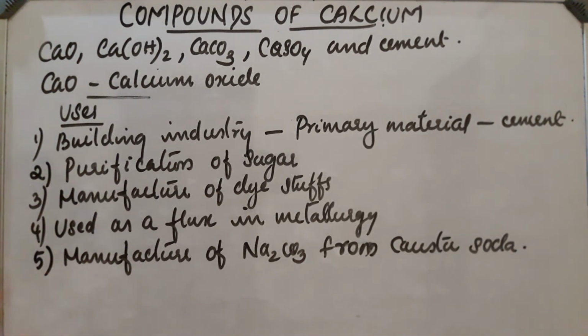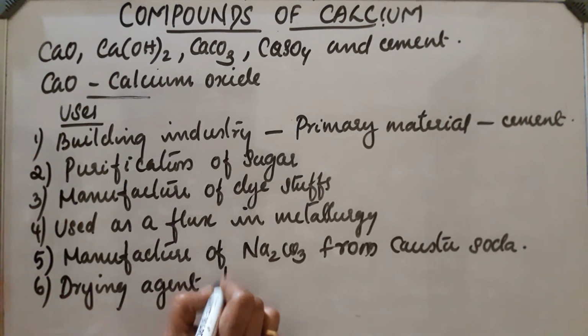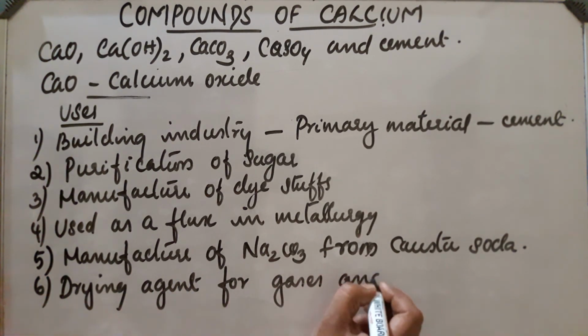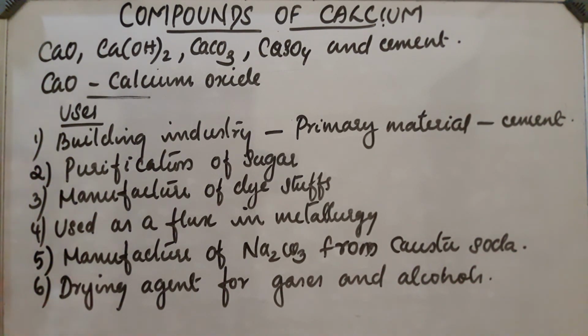Next, it is used as a drying agent for gases and alcohol. So these are the important uses of calcium oxide.